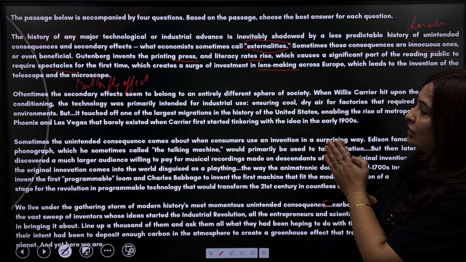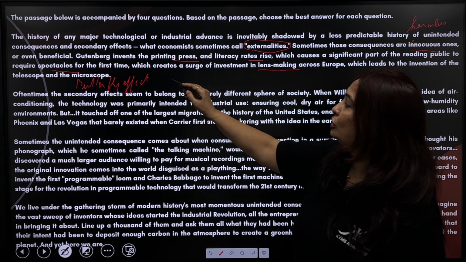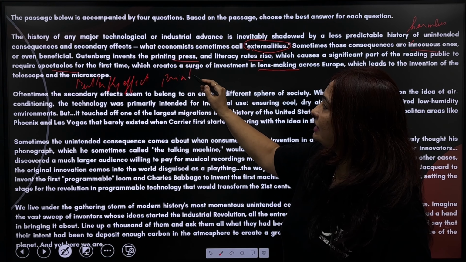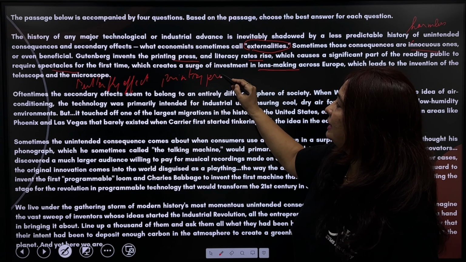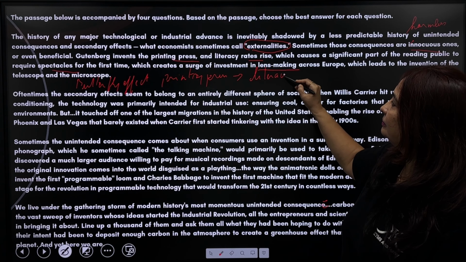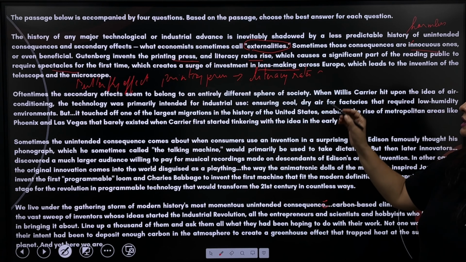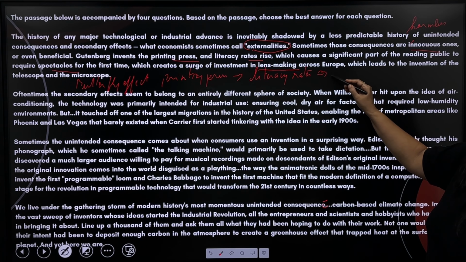So in this paragraph, the author has given the example of Gutenberg, who invented the printing press. So what happened? When the printing press was invented, it gave rise to the literacy rates. So when people started reading books, they felt the need for spectacles.